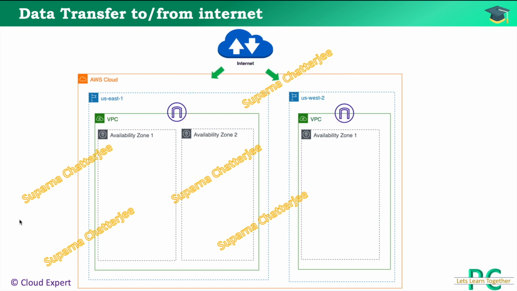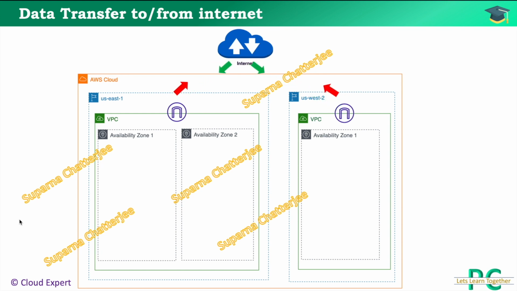That means you could have another cloud provider, external data sources, or on-premise data sources, and you are bringing the data to the AWS Cloud using the internet. This data transfer is called ingress data transfer.